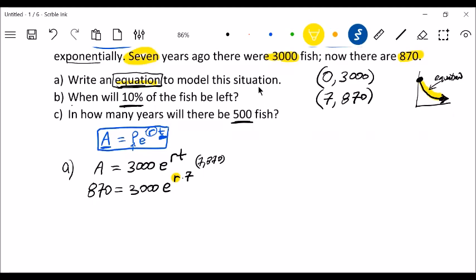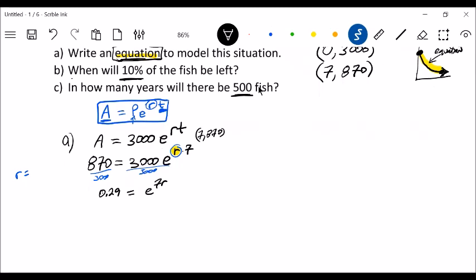Well, that means we now need to basically solve this. Divide by 3,000. We're trying to get to where we're solving for r. We want to get an r equals. Right now, dividing by 3,000 gives us about 0.29 is equal to e^(7r). The way that we get rid of e is to do natural log.